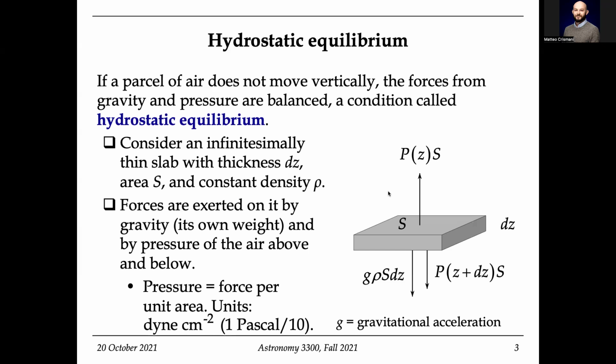What is m? How do I write it in terms of rho? Rho v, so this can be written as rho v g. And what's the v? Well, it's dz times S, so rho dz S g.